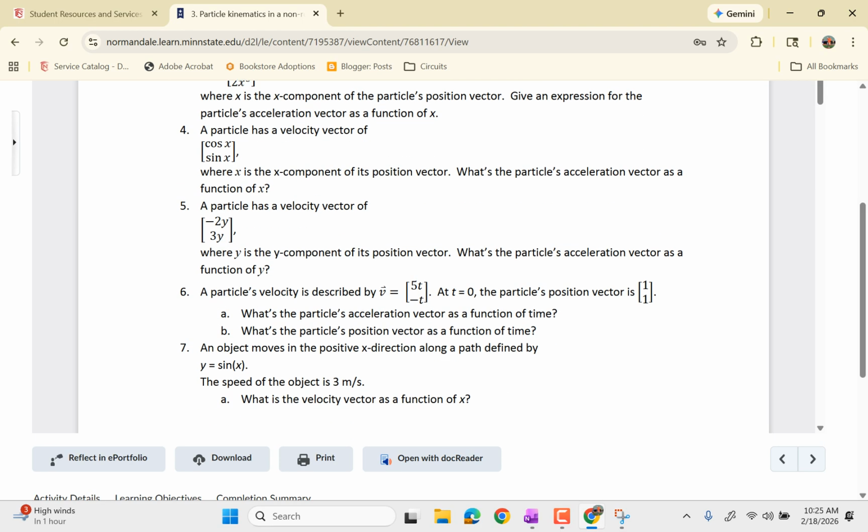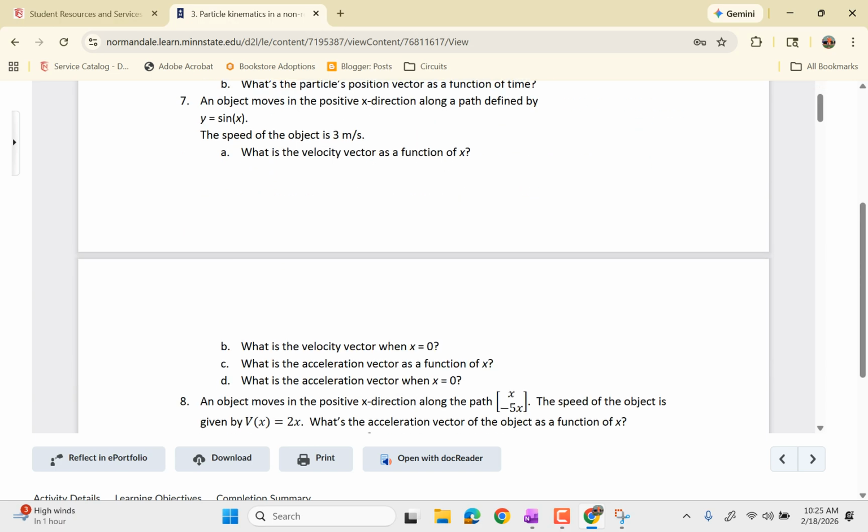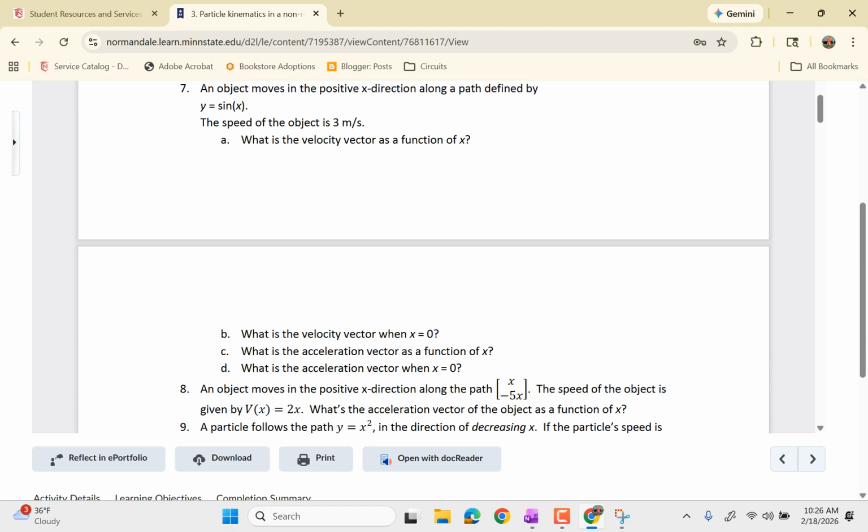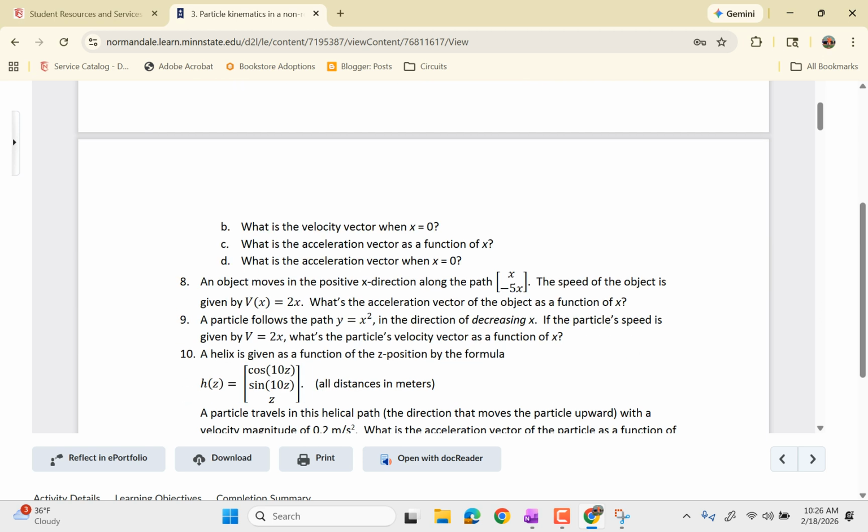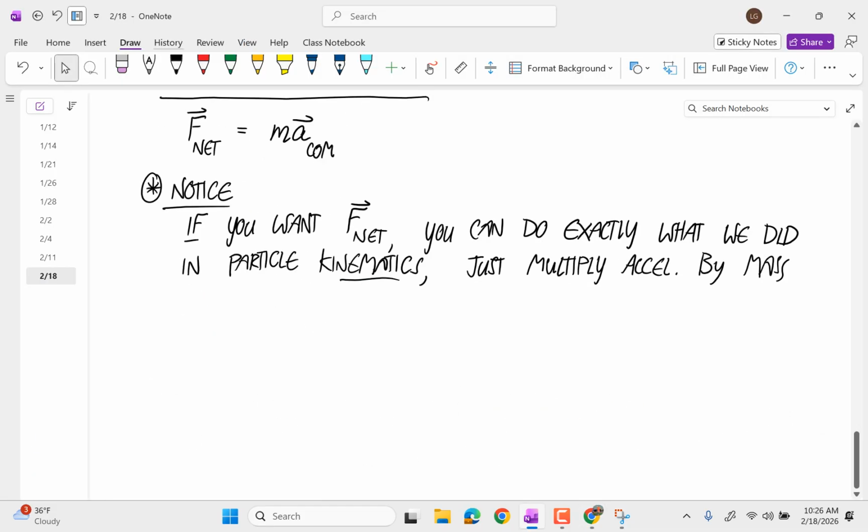So I think there are a few daily problems that I'm going to assign that are like that. It's basically kinematics problems, and then you multiply the acceleration by mass to get the net force. So I can ask chain rule type questions, relative motion type questions, all the stuff that we did in kinematics. I can ask for a net force, make you do all that stuff, and the only difference is you multiply by a mass. Any questions about that?